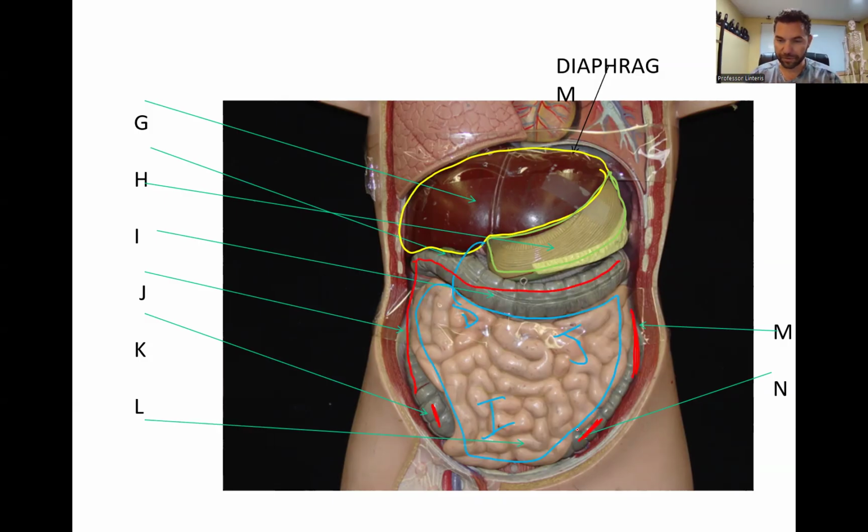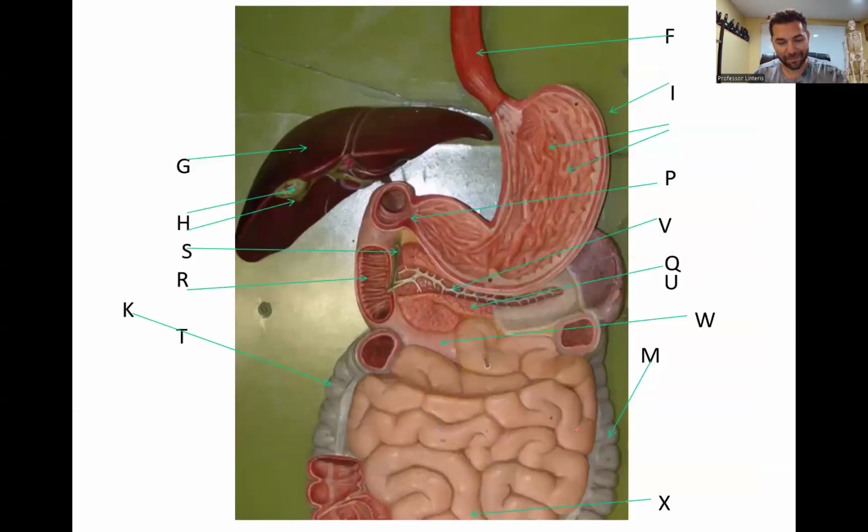So on this picture, you can see some things, but you cannot see everything. On this picture, we could see a lot more. So we're going to start off with the esophagus and the esophageal sphincter. We can see the stomach.